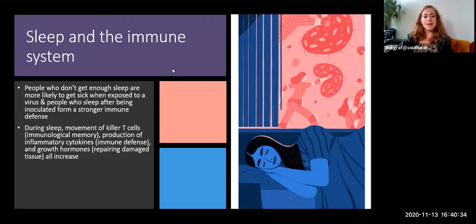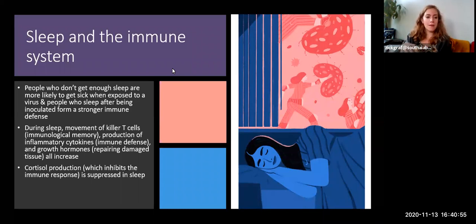But basically, T cells are produced and moved to the lymph nodes where they live before they're released. Inflammatory cytokines are produced, and growth hormone is released in the body. The function of growth hormone in this case is to help repair damaged tissues. So during sleep, there are inflammatory immune processes as well as repair of injuries.